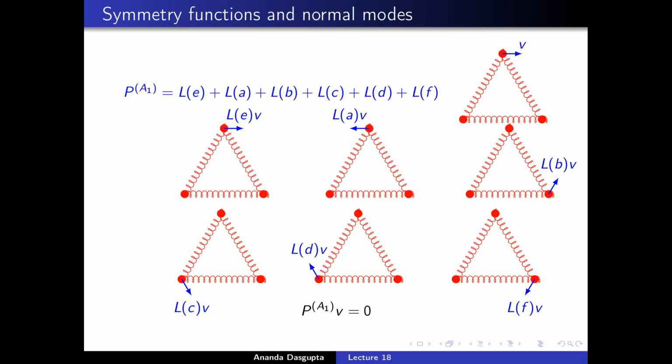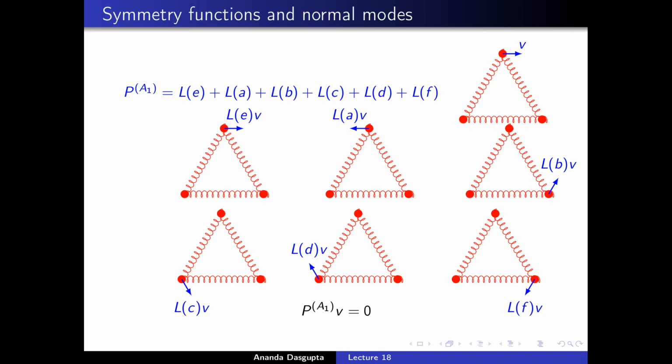If we had obtained a non-zero vector from this, we would have been sure that that non-zero vector is a vector which spans the one-dimensional invariant subspace which carries the representation A1. Or in other words, it would be a vector which is invariant under the action of each and every one of the group elements.